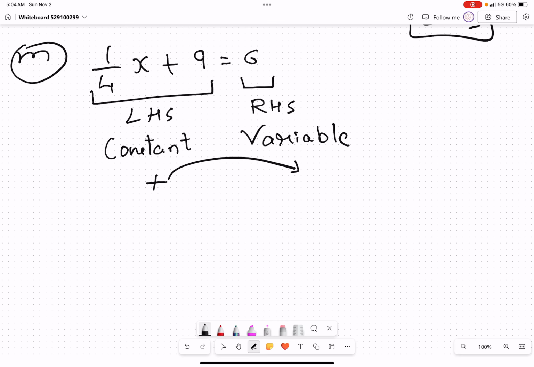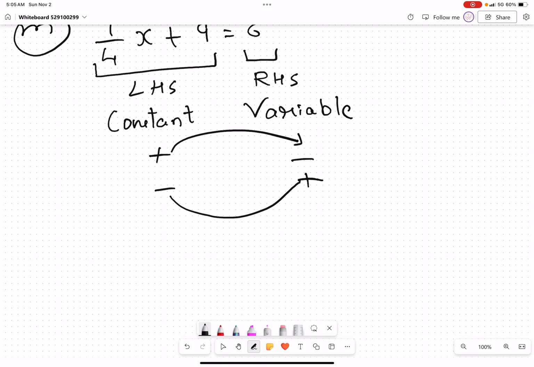Positive when they jump here becomes negative, negative when they jump here becomes positive. Okay, multiplication when they jump here becomes division. Sorry, division when they jump here becomes multiplication.